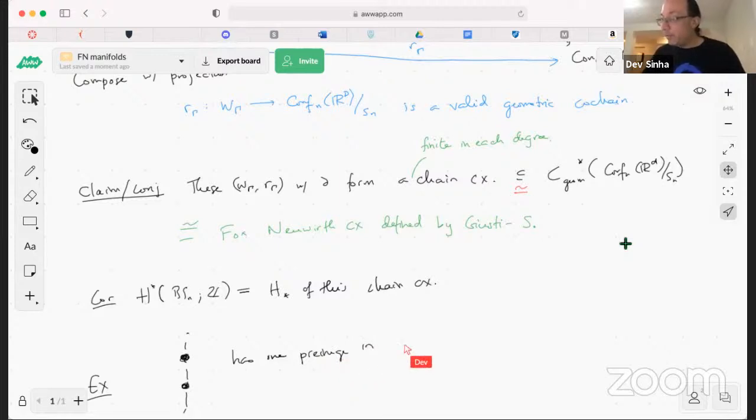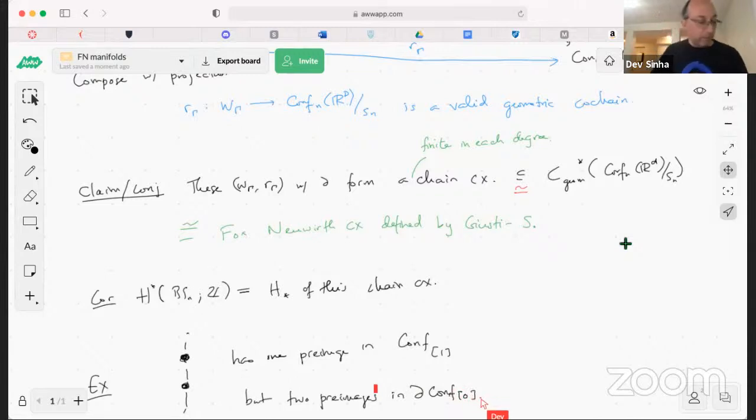in conf 1, 2 points sharing one coordinate. That means one has to be less than 2, but 2 pre-images in the boundary of conf 0.